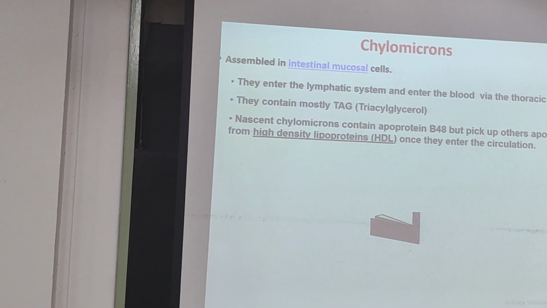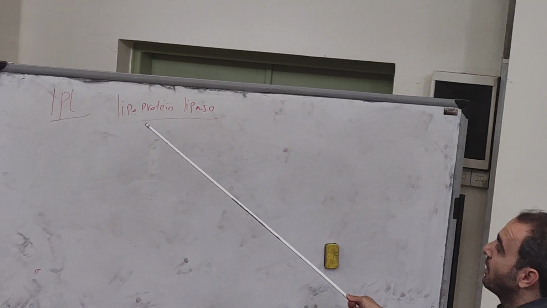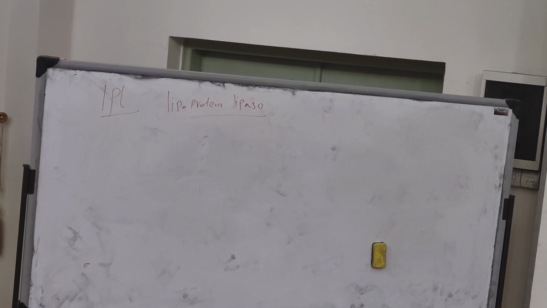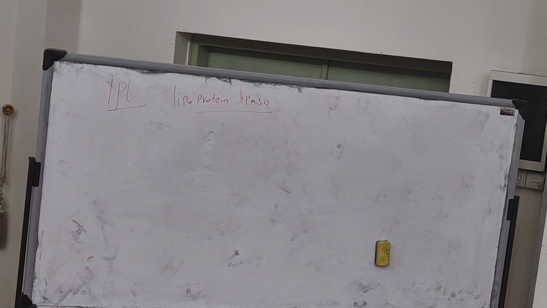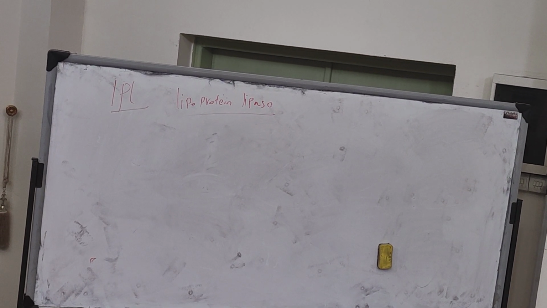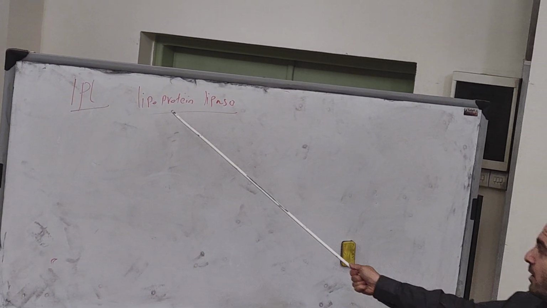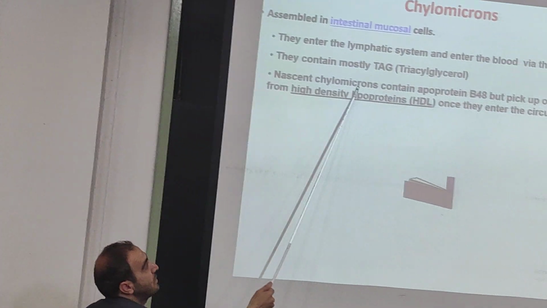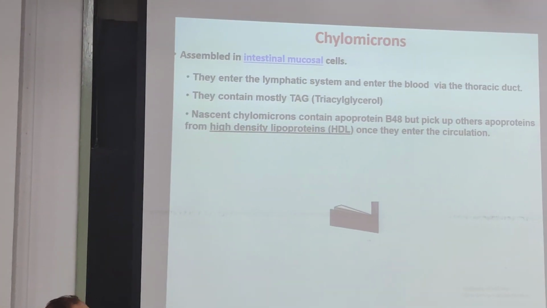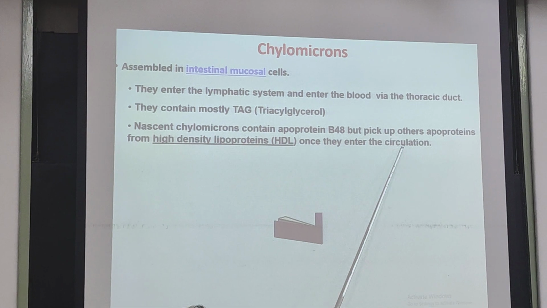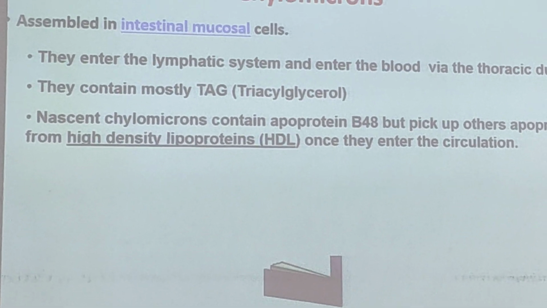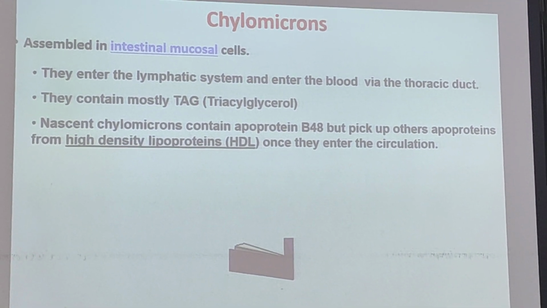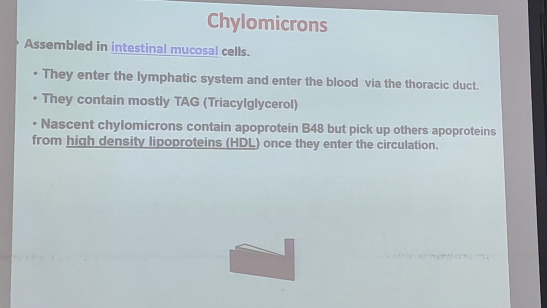For its activity we need one of those apoproteins, which one? C2. C2 is so important. But when the nascent chylomicron is synthesized in the intestine, it doesn't have C2. It needs to get C2 from where?